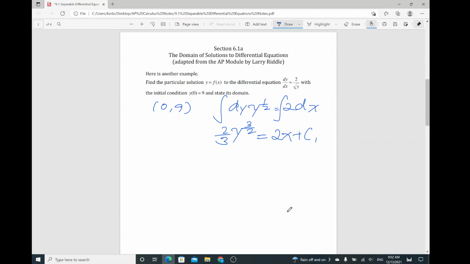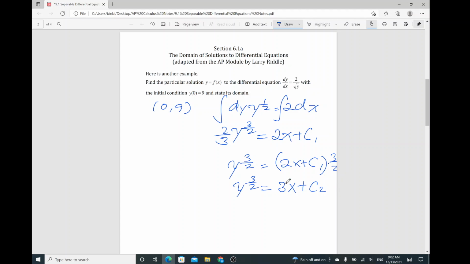Before we solve for c1, let's simplify this equation a little bit. y to the power of 3/2 equals 2x plus c1, times 3/2. So 2 times 3/2 gives us 3 times x, which is 3x, and c1 times 3/2 is another constant, so c2.